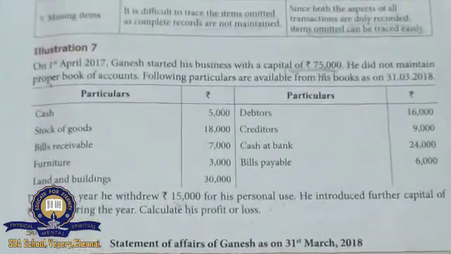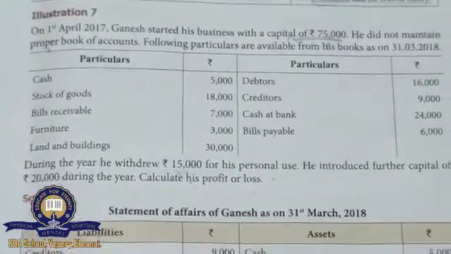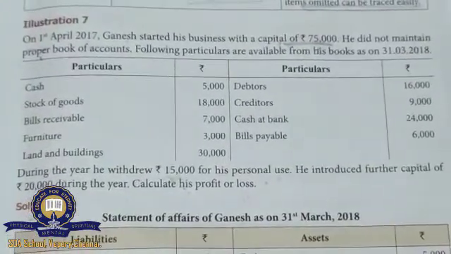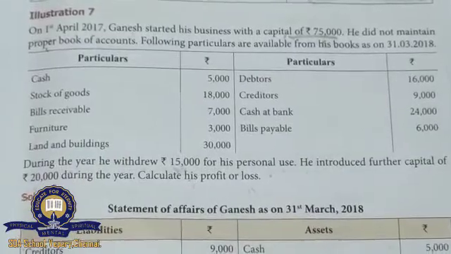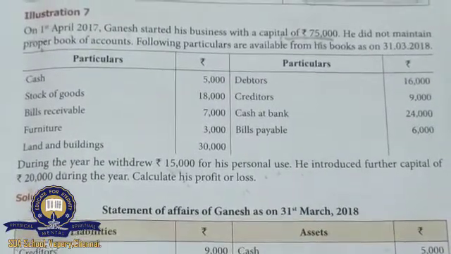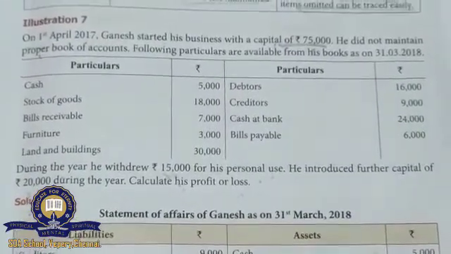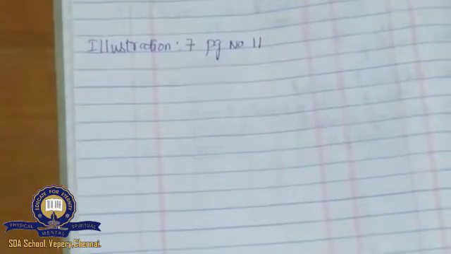So they have given the opening capital 1st April 2017 rupees 75,000. So from the particulars given we are going to find out the closing capital. So take page number 11, illustration 7. So what is the heading?